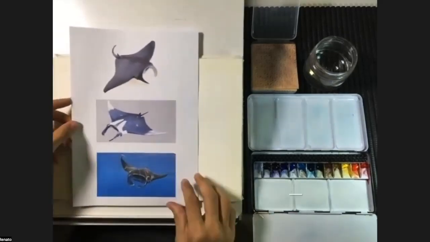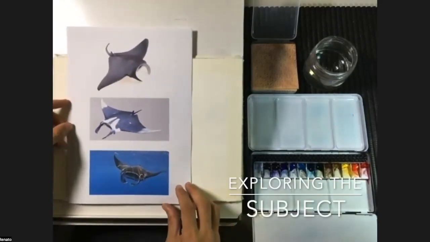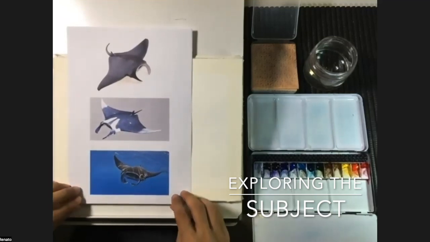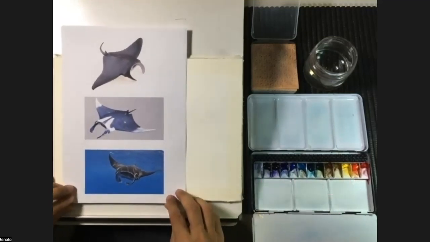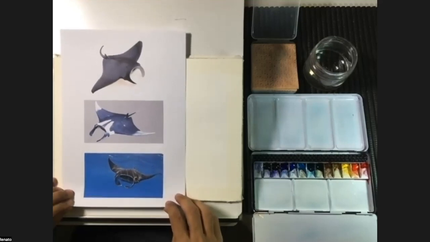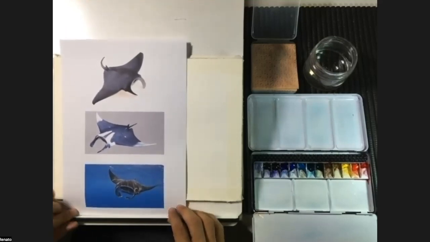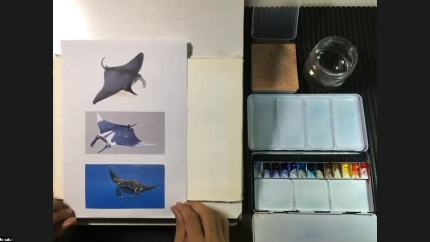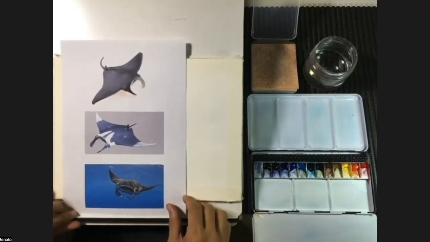At first, I would like to talk a little bit about the kind of element we are going to draw and to paint here. We are speaking about stingrays since the beginning, but in fact, it's not a common stingray. It's called a manta ray.